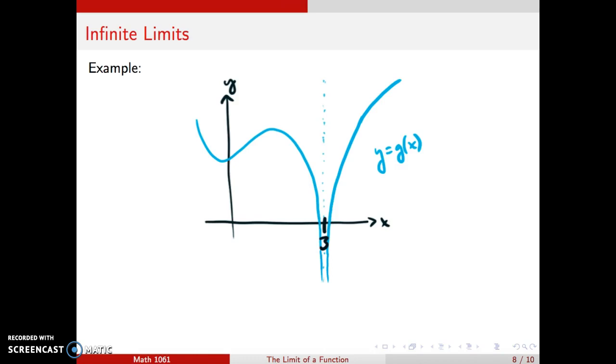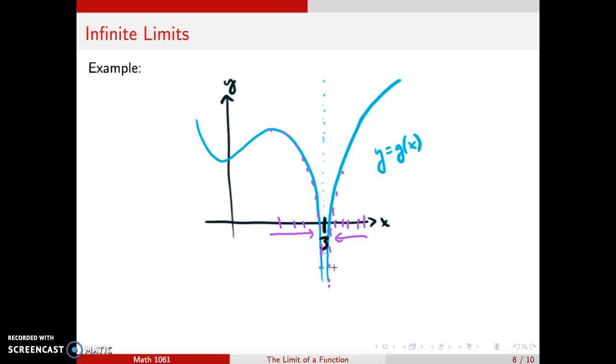Likewise, maybe not likewise, but it looks like there's a problem point at 3. As we get closer and closer to 3, it's decreasing without bound, getting more and more negative from the left and from the right.